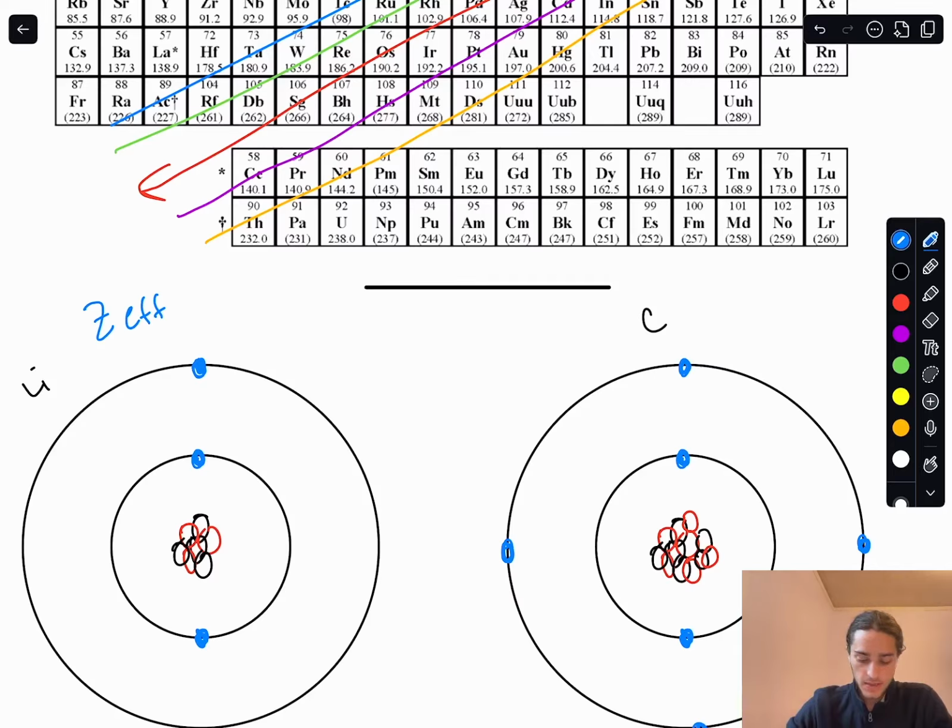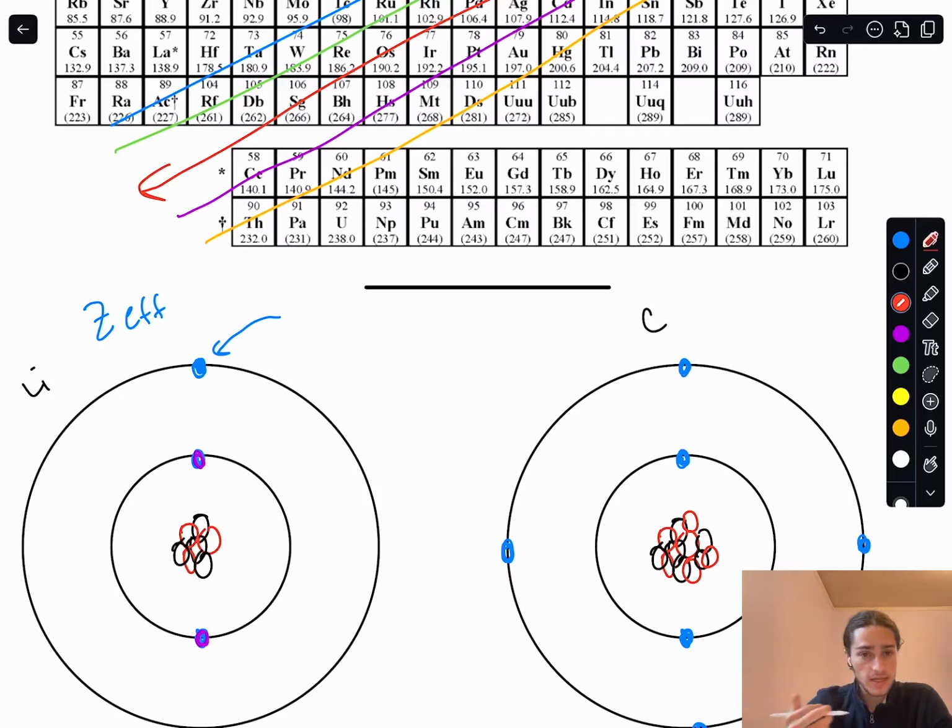For lithium, it's got 3 protons, and those 3 protons are all going to pull equally and attract equally the outer valence electron right here. But remember, it's also got 2 inner shell electrons right here and here. Those inner shell electrons are going to repel with the same force as a proton, pushing away our valence electron too.